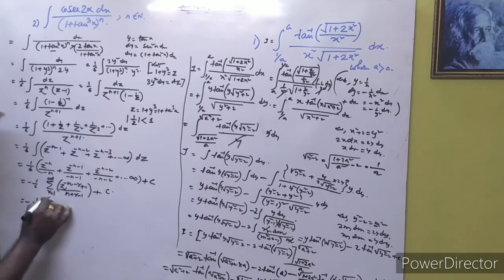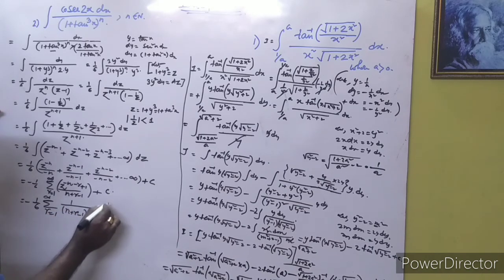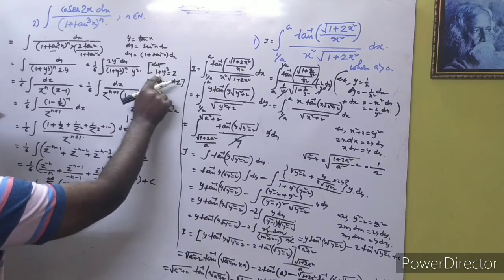That is n plus r minus 1, and z means here z is 1 plus y cube.